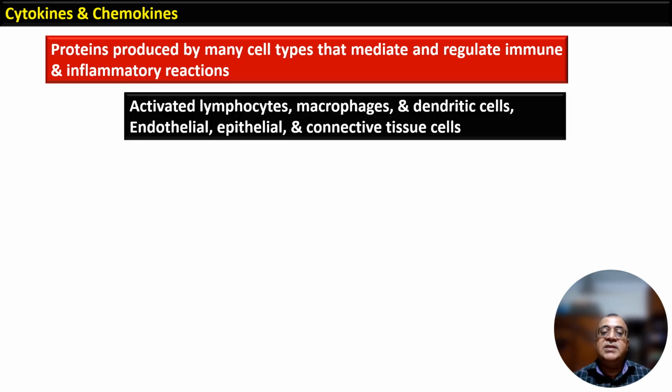These cytokines are secreted by many activated lymphocytes, macrophages, dendritic cells, epithelial cells, endothelial cells, or connective tissue. But these cytokines do not include the growth factors that act on epithelial and mesenchymal cells.